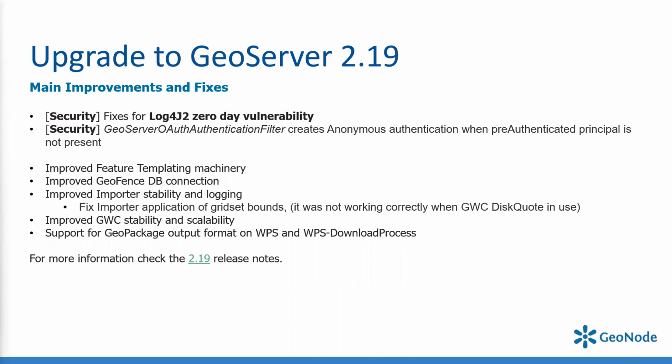And then we have several improvements, especially for the feature templating machinery, geofence module interaction, and the GeoServer importer, which is basically the module used by GeoNode to configure the geospatial datasets into GeoServer.